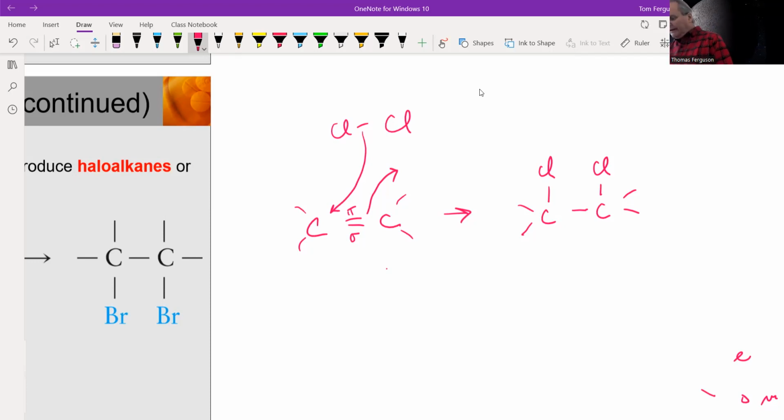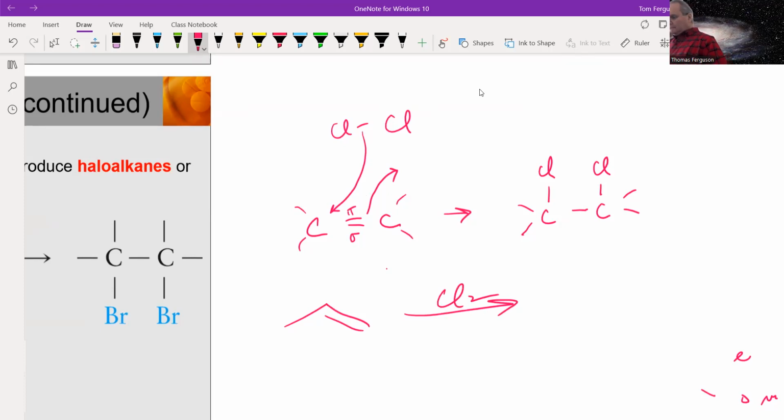So, for example, what would we make? Starting with propene, a 3-carbon alkene, we're adding chlorine gas to it. What will we make?